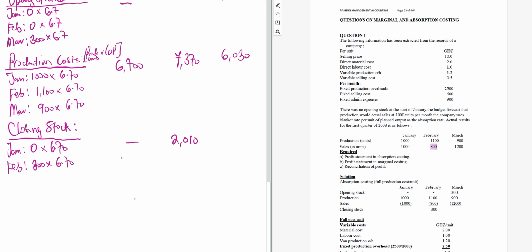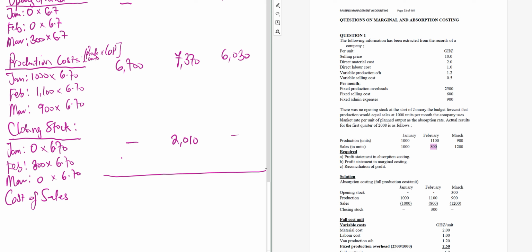Okay, then we come to March. Was there closing stock? No, there wasn't closing stock. We produced and sold 1002, so no closing stock. Okay, so now that we have finished this up, we get our cost of sales.